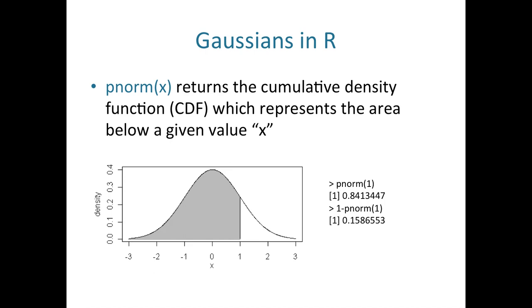The pnorm of 1 is 0.84. What this means is that 84% of the values are going to have an x of 1 or smaller. So the probability that the x value is going to be 1 or smaller is 84% of the times. And what this means is that the probability of the value of x being larger is going to be 15%.